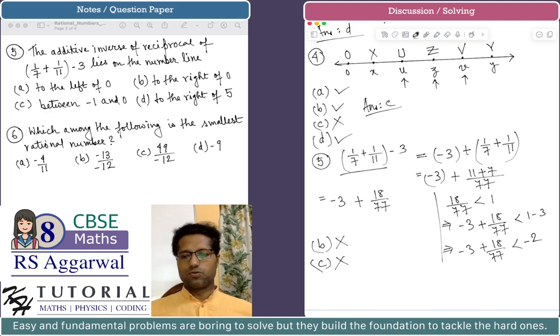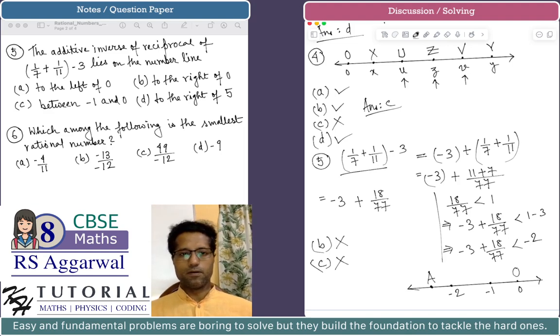On the number line, if this is the origin 0, we have minus 1 here, and minus 2 here, and the rational number is less than minus 2. So the rational number, minus 3 plus 18 by 77, will be somewhere here. It is definitely less than minus 2. So choice C is incorrect. It is saying between minus 1 and 0. No, C is incorrect.